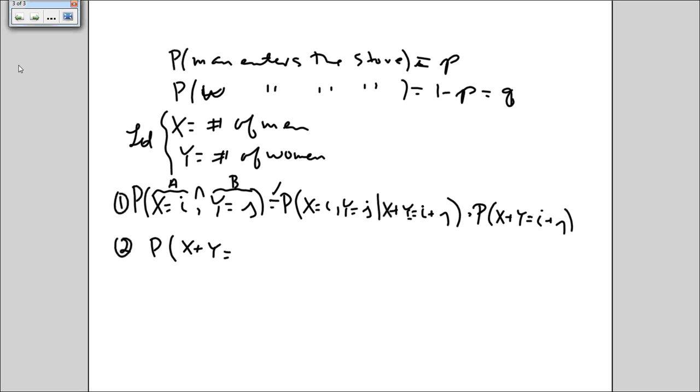X plus Y is a random variable, and it has a distribution. That's just the definition of the probability. So that's equation number 2.